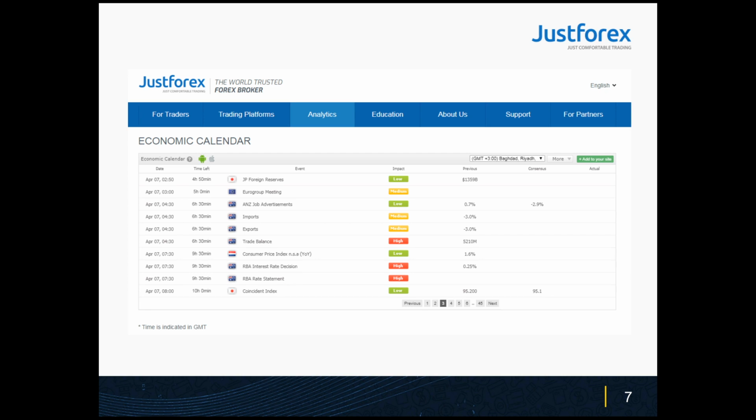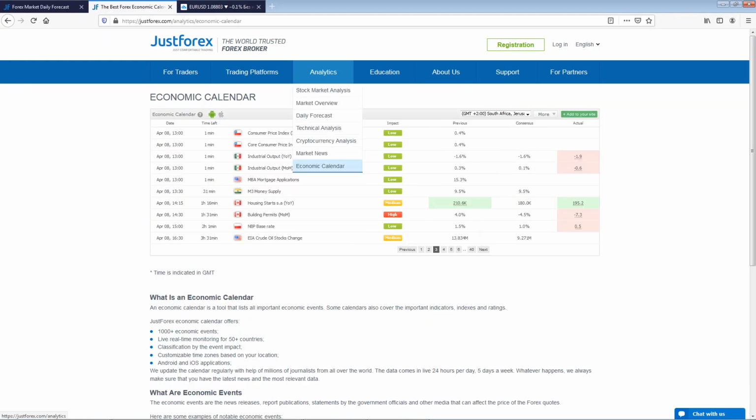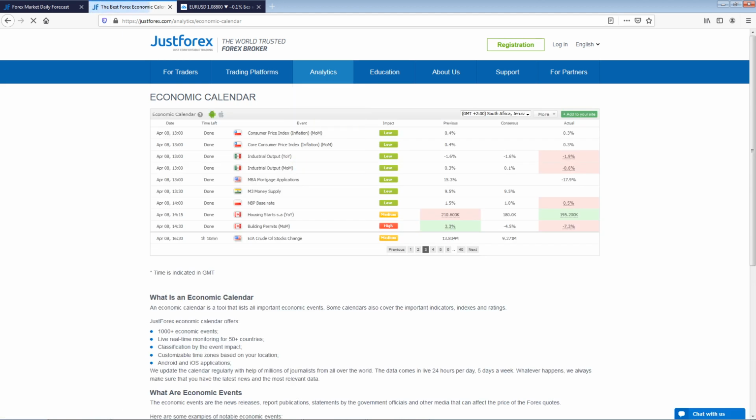I would also like you to pay attention to how you may use it. Let's get back to our site again, and we actually have the economic calendar here that you may use. It's also in the analytical section. So let's have a look at how exactly you may use it.